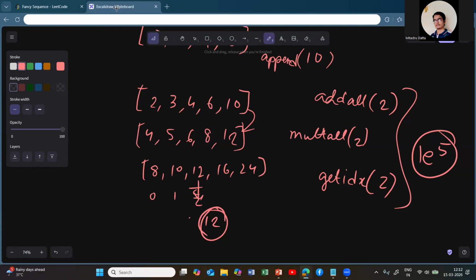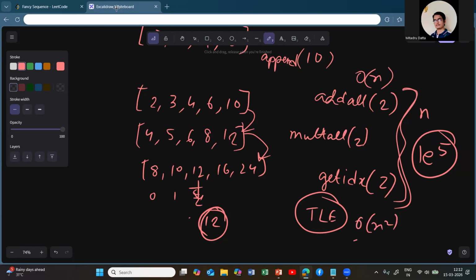I hope this brute force solution is very much obvious, and for obvious reasons it gives you a TLE, because if each of these operations takes O of n amount of time, and you call all these n times, your total will be O of n square, and since n is 1e5, you cannot afford to do that. In fact, all of these functions you have to implement in O of 1.